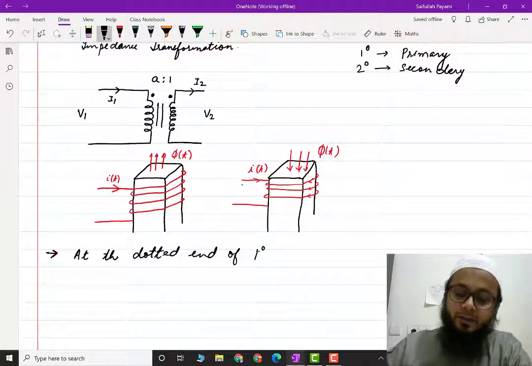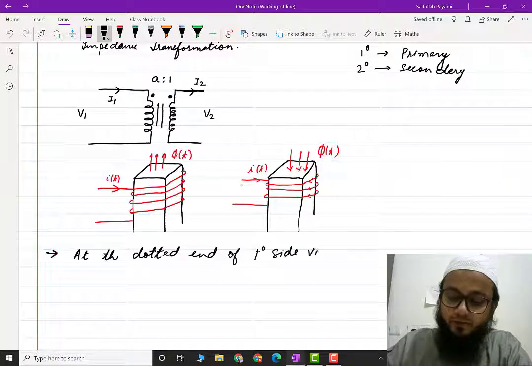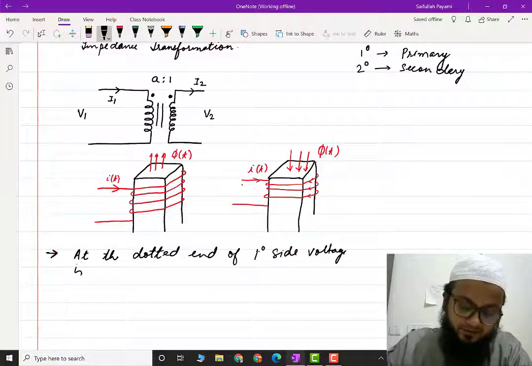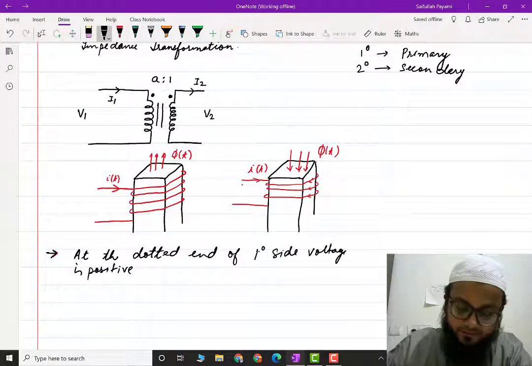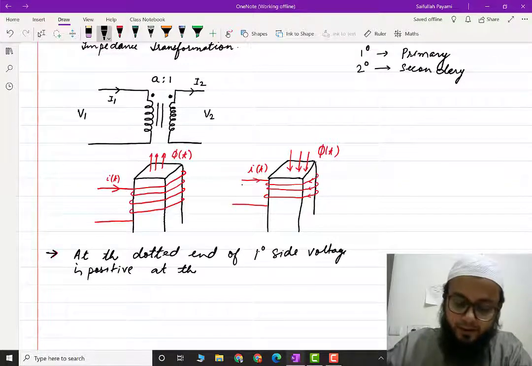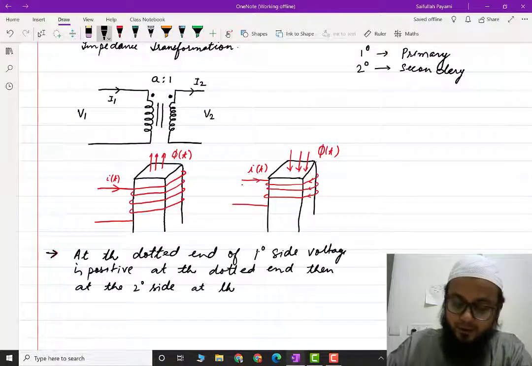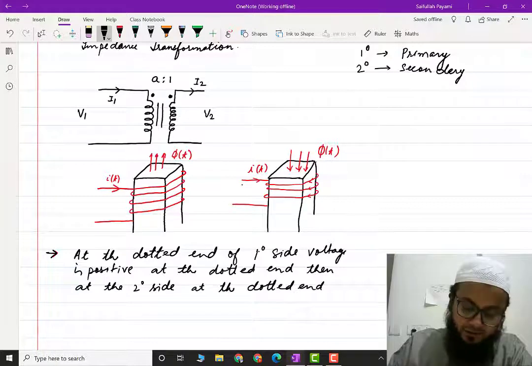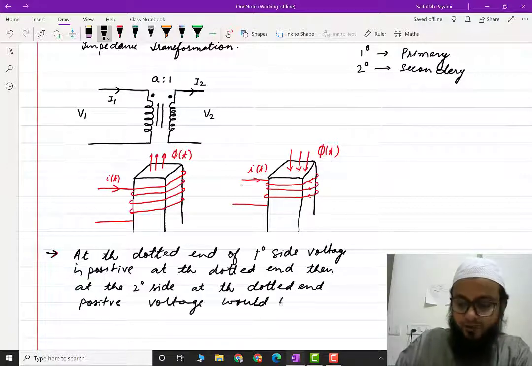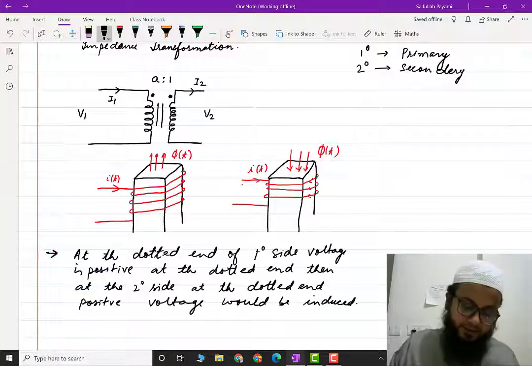So at the dotted end of the primary side, if the voltage is positive, then at the dotted end of the secondary side, a positive voltage would be induced.